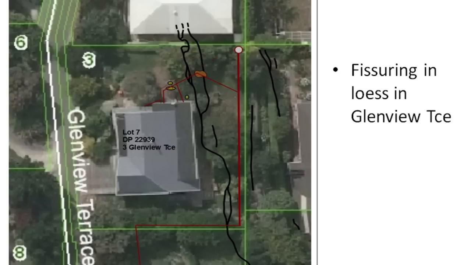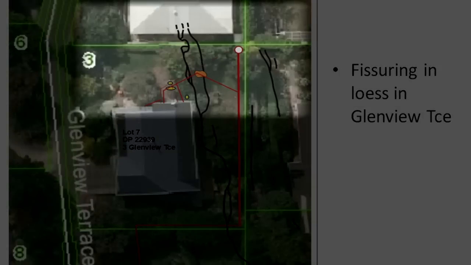The black lines that you can see quite clearly are the traces of the fissures, and they're below the house. The terrace on the left-hand side of the photograph, if you look at it, is uphill, and those fissures fortunately missed that house. However, if we go up here, up to number 1, those fissures go right under the centre of the house and the thing is completely broken.